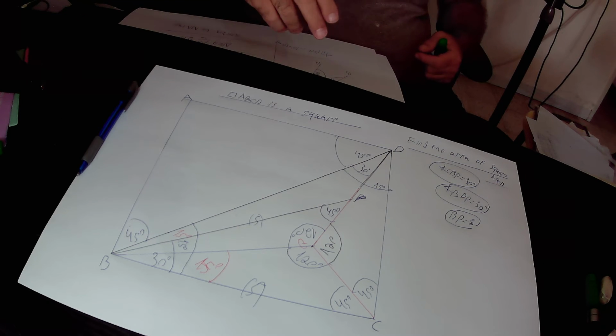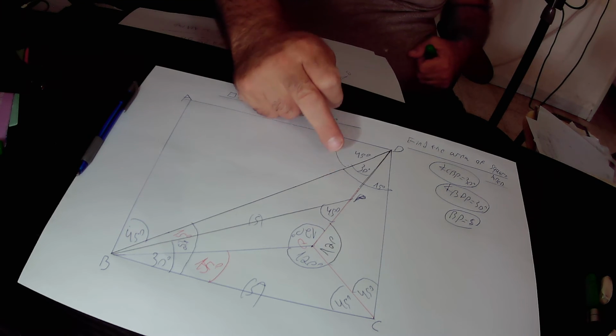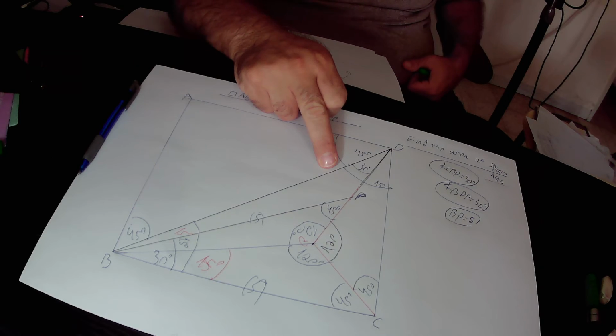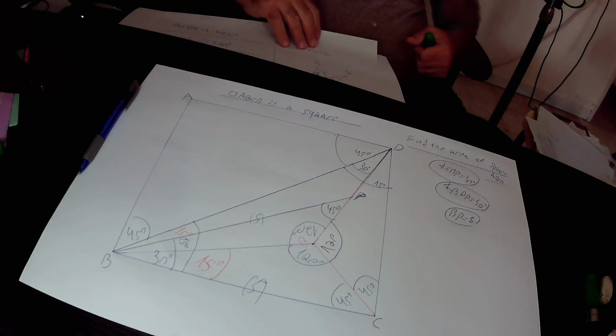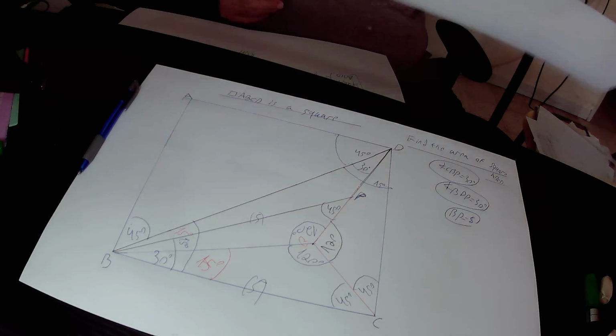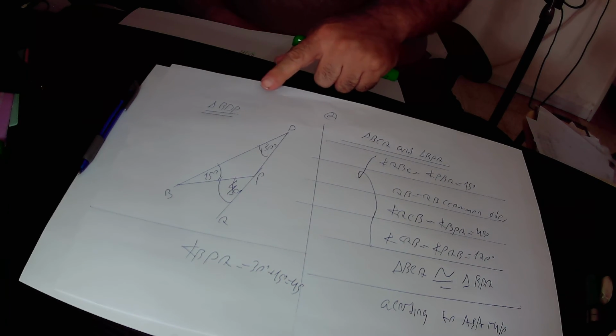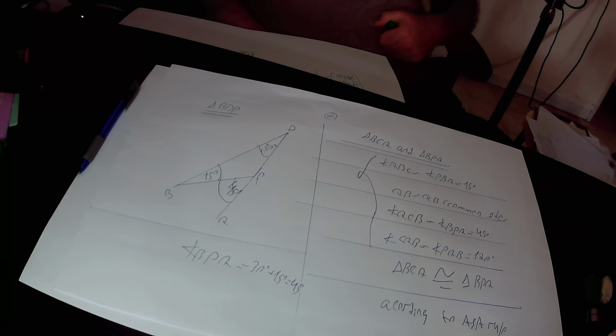In triangle DBP, this is a triangle DBP, okay, this is a triangle BDP or DBP. This is a comment from the original drawing.